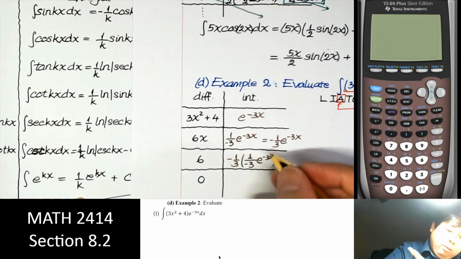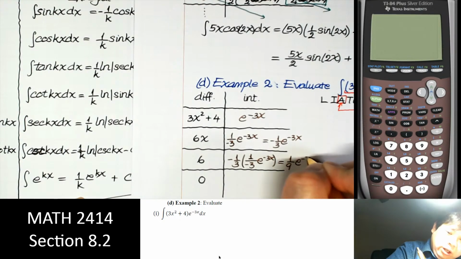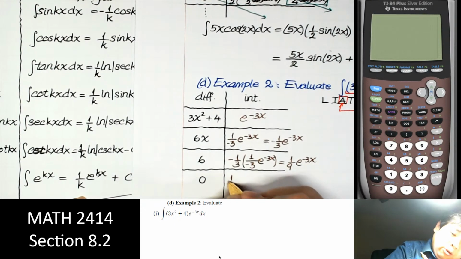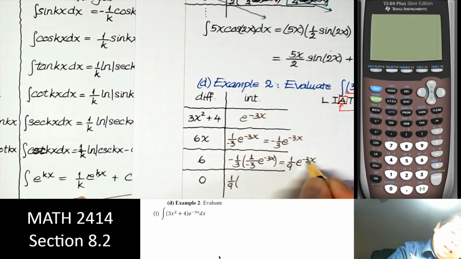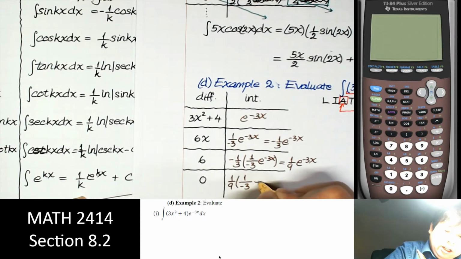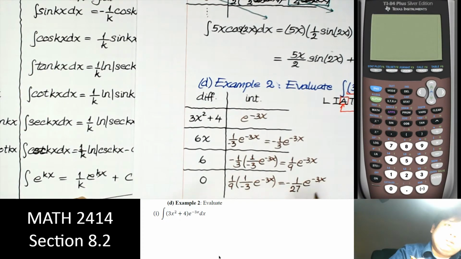Multiply them out, we have 1 over 9 e to the negative 3x. And then integrate one more time, 1 over 9, and integral of e to negative 3x, we did this already. 1 over negative 3 e to negative 3x. So that is negative 1 over 27 e to the negative 3x.